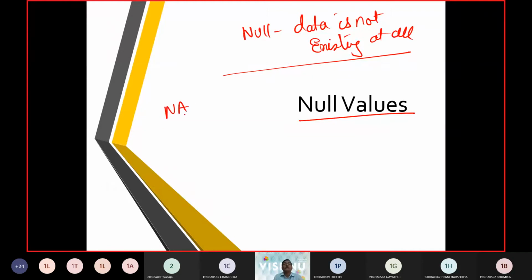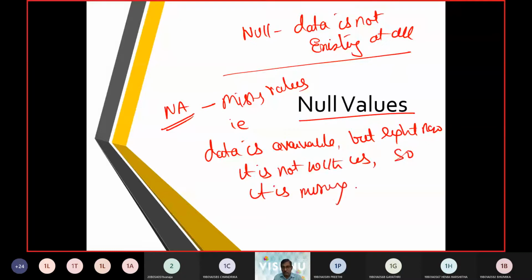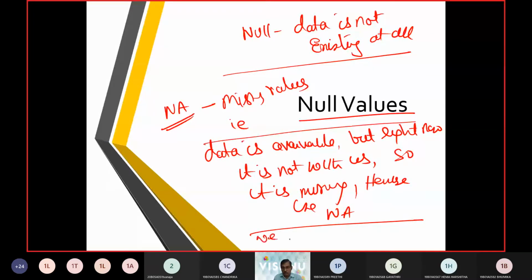In Python and R, we have NA, which shows missing values. That means data is available, but right now it is not with us, so it is missing, hence we use NA. Okay, so we are unable to get the data.